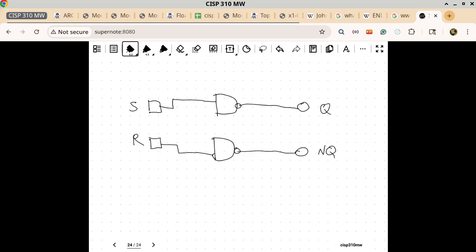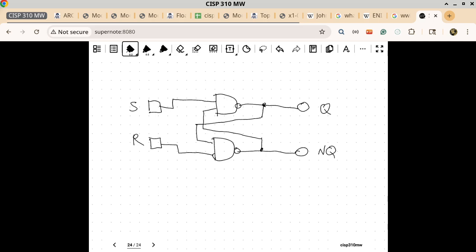So right now we go like, oh, okay, that doesn't sound too bad. But now, this is the fun part of an SR latch. The output of one NAND gate goes to the input of the other NAND gate and vice versa. So we go like this, okay? Huh, nope.